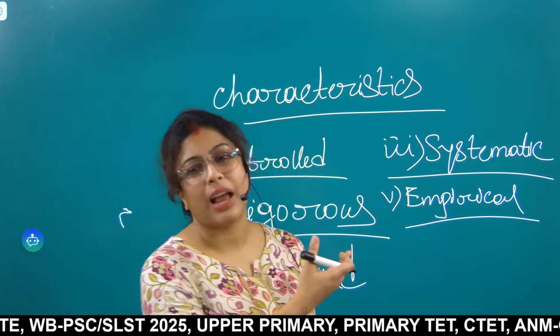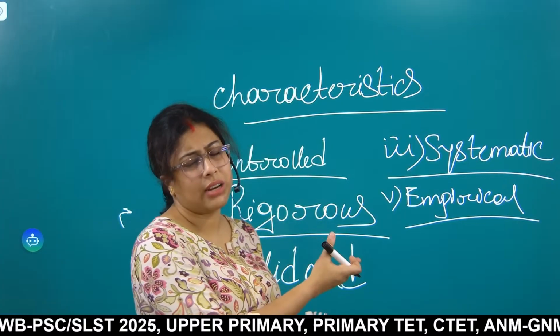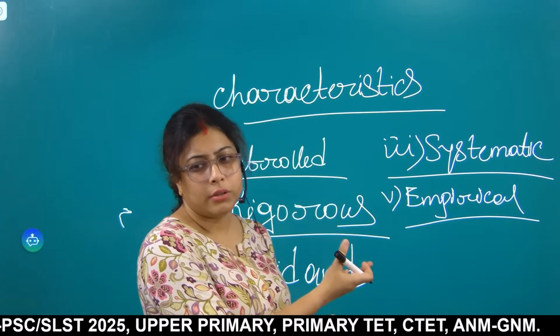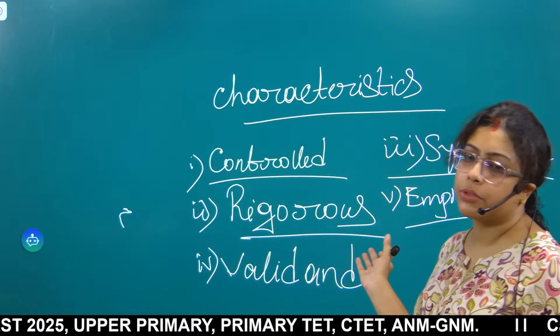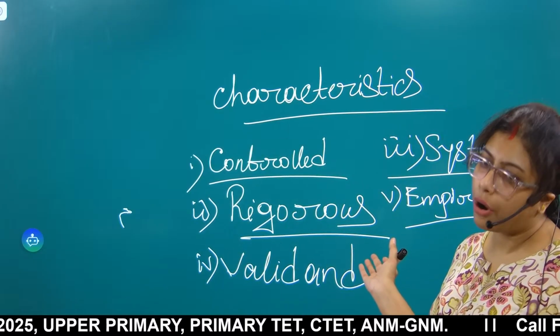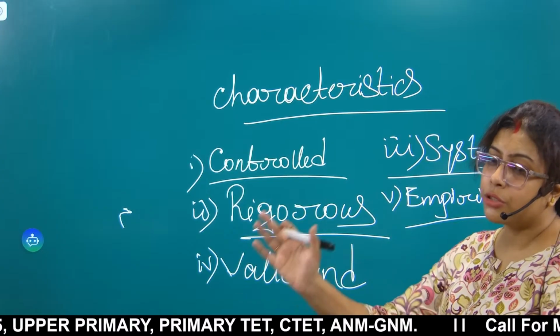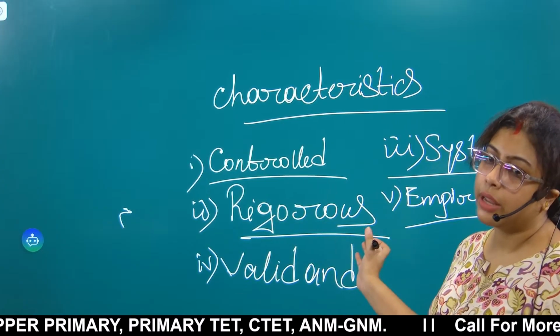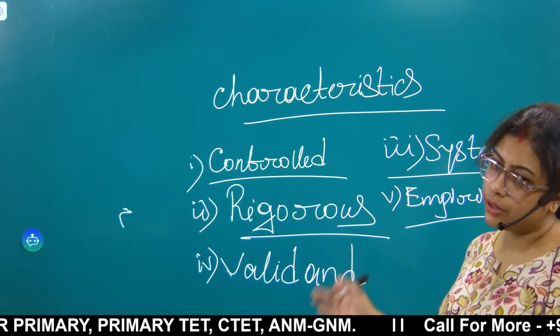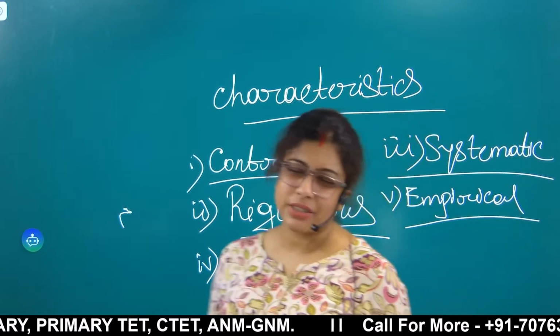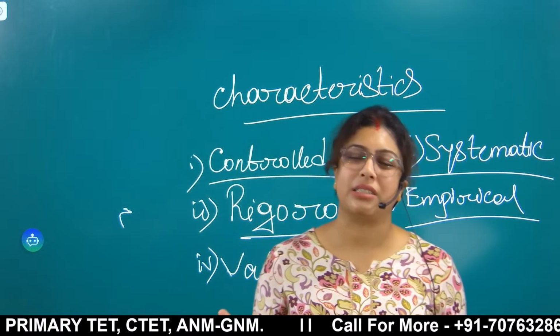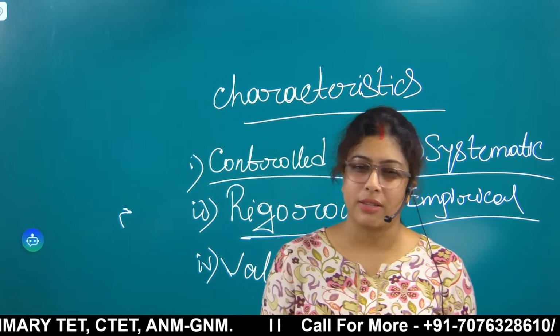From the point of view of valid and verifiable, your research should be guided by the findings of empirical data. So the last point basically talks about facts and facticity, information based on facts.